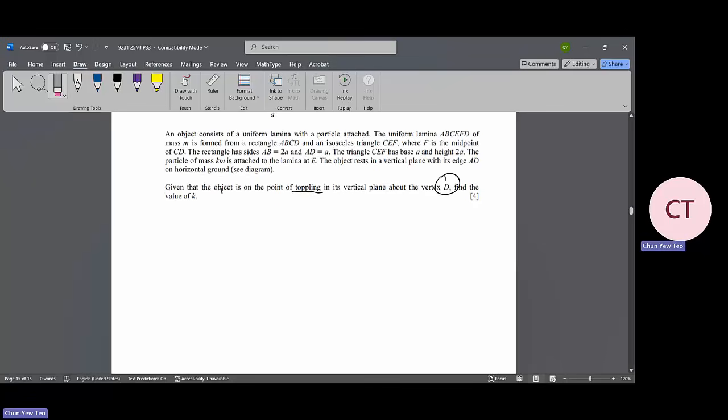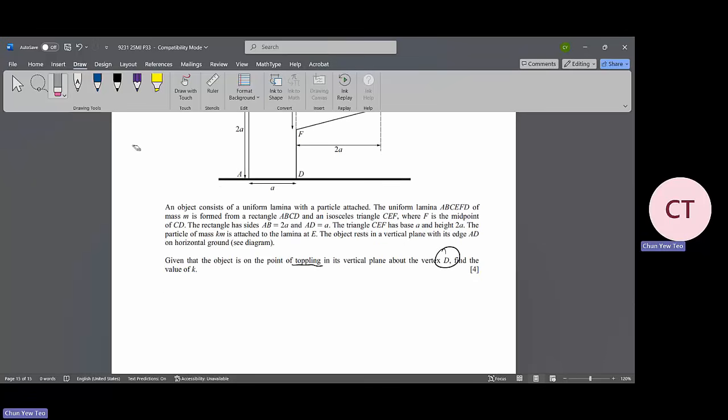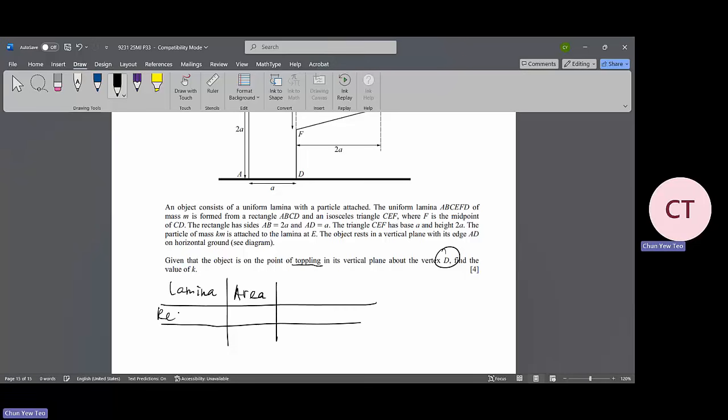Over here, we just need to consider the lamina, without the particle. So we just need to build the lamina only. Since it's using the same material, we will consider the area. We have a rectangle and we have a triangle.